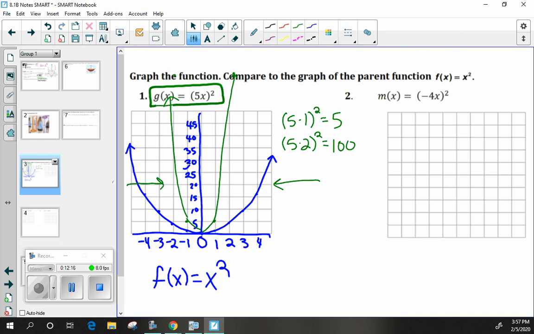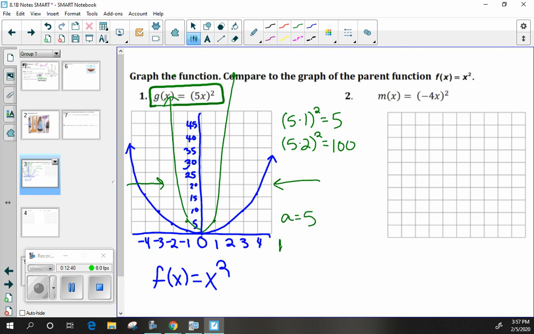We've done a horizontal compression with the scale factor of 1 over 5. Remember, if you look right above that, it says that the scale factor of a horizontal stretch or shrink is the absolute value reciprocal of a. A, in this case, equals 5.